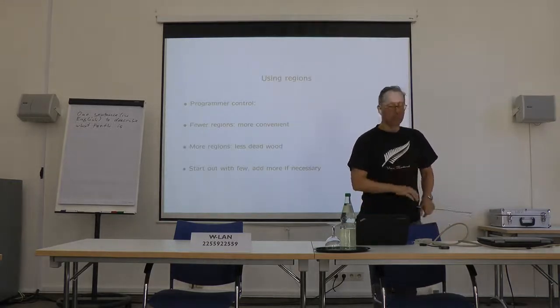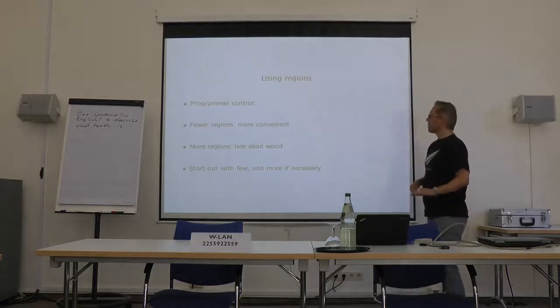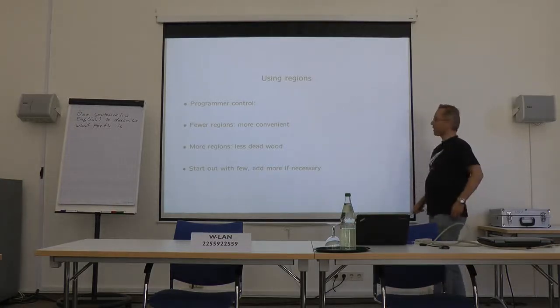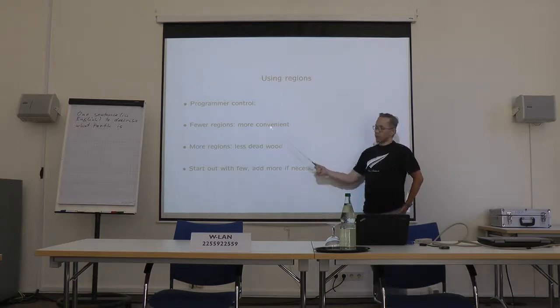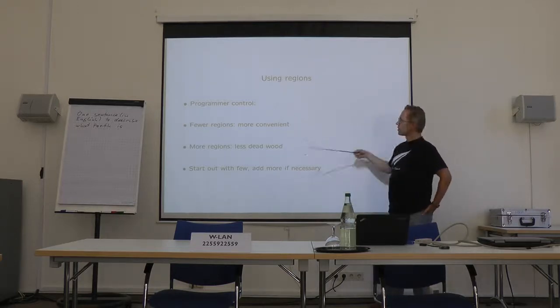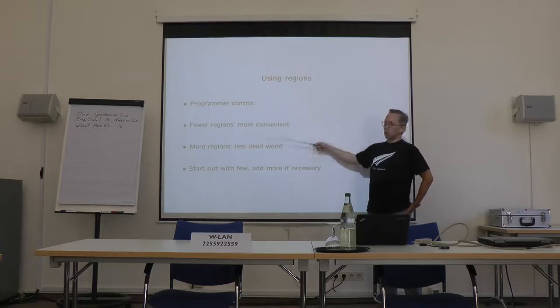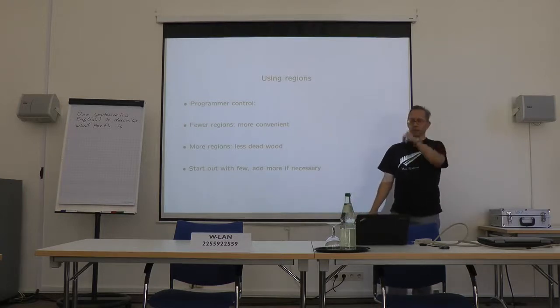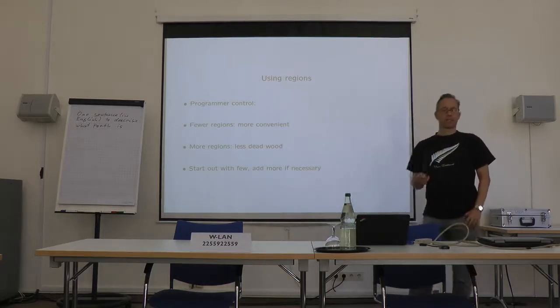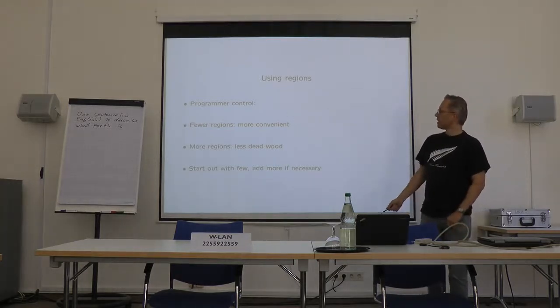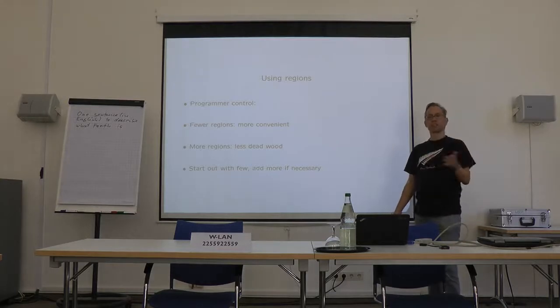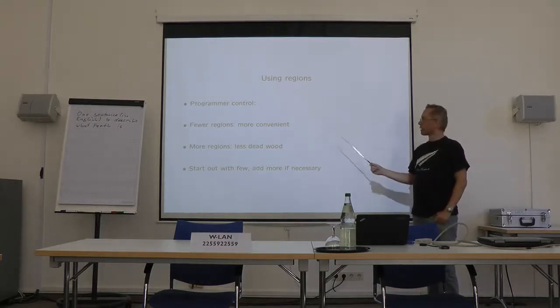Another way of looking at the usage is that we can give the programmer control over how many regions to use, and fewer regions is more convenient. So basically, the programmer just has, maybe in the extreme case, just one region, and he allocates into it until he's done with everything, and then he frees everything at once.